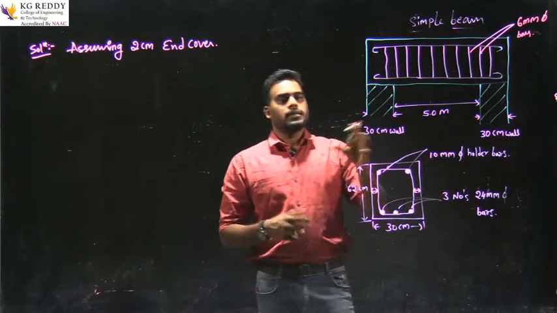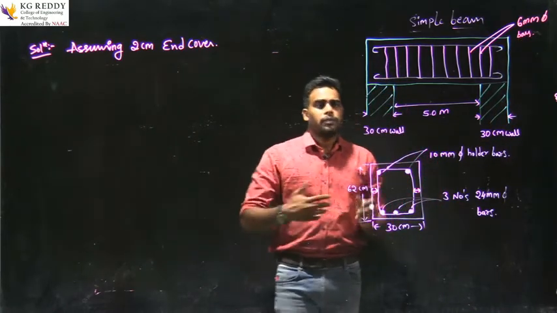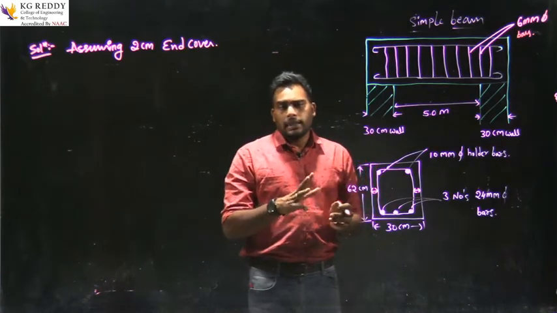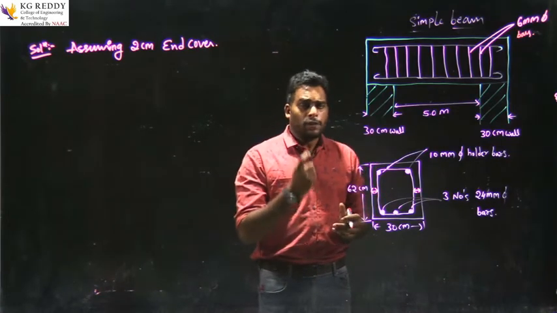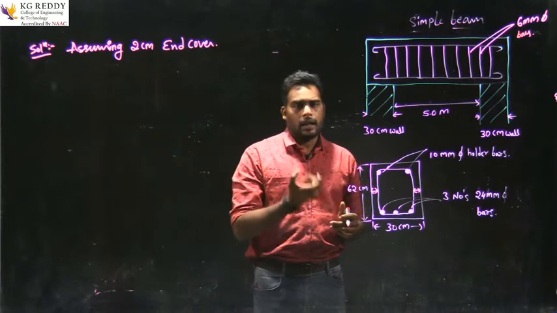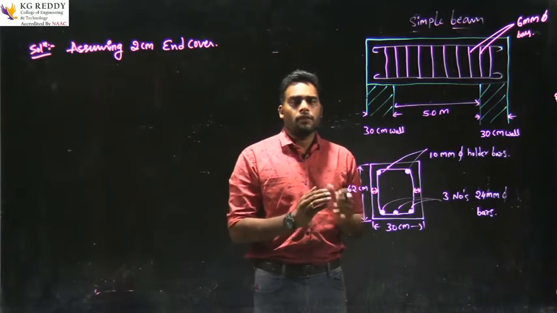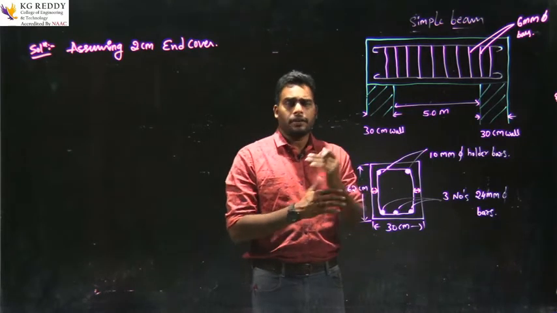Now in this diagram there are 3 types of bars. So we need to find out each bar length, calculate the number of bars, and after that we will find the total quantity of the steel.